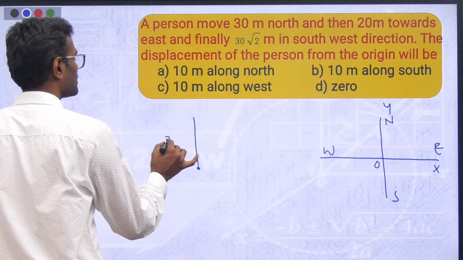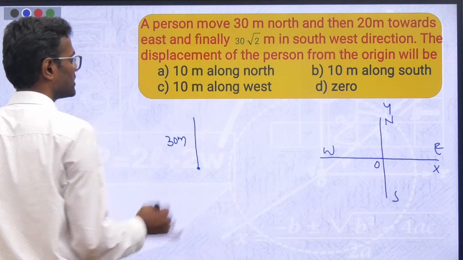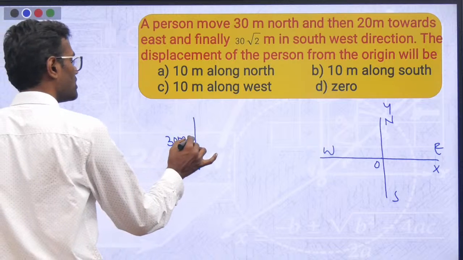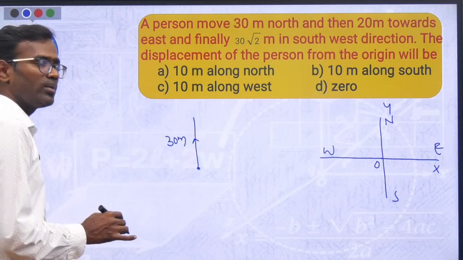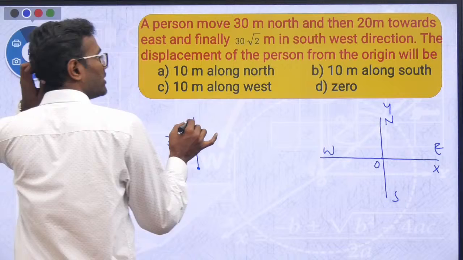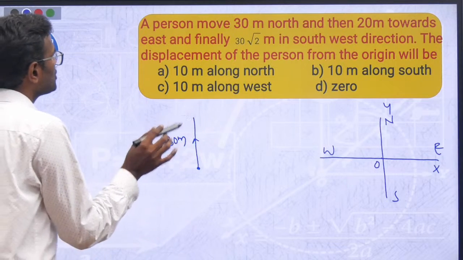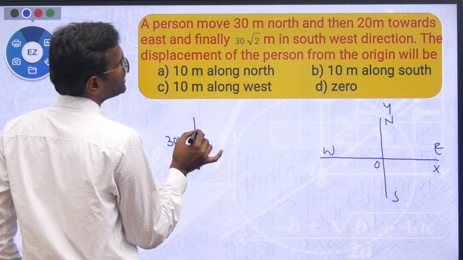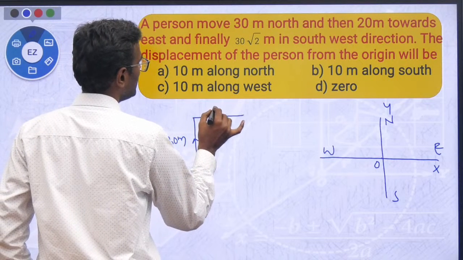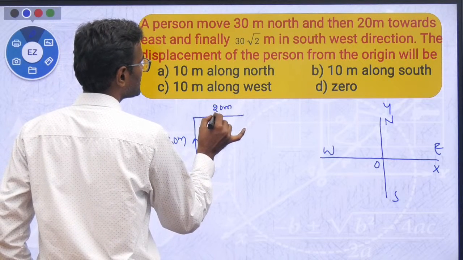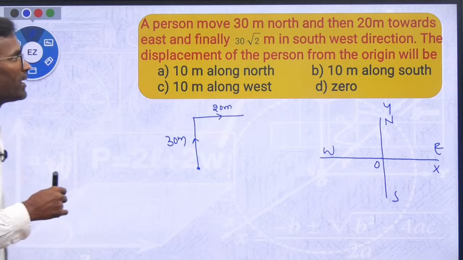This is north. So this value is 30 meters north, with an arrow mark, so that gives the direction. Now then 20 meters towards east, this is the 20 meters value.